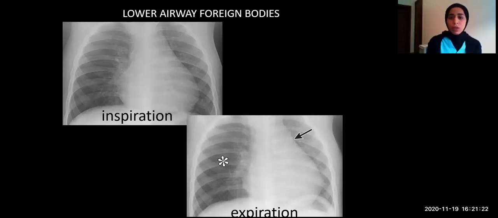What you will see on the expiratory film is a persistent hyperinflation of the suspected area. If you compare this to this, the left lung volume collapsed, which is normally less than on the inspiratory film, whereas the right lung persistently hyperinflated and lucent, so air trapping is there. This patient was found to have a small apple piece ingested in the right main bronchus.